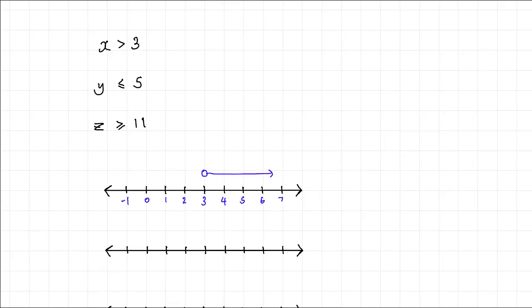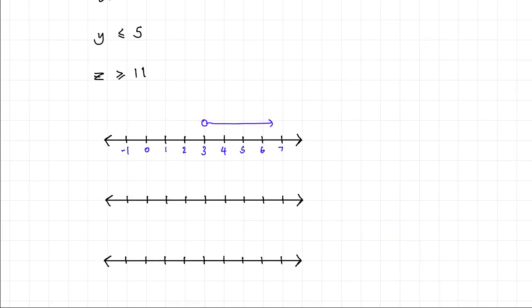Now, the next one, you'll see it's a little bit different. We have y is less than or equal to 5. Now, again, I'm going to start with this number somewhere in the middle. So I'm going to put the 5 somewhere in the middle. So let's put the 5 here. 5, and then we've got 6, 7, 8, 9. And we have 4, 3, 2, and 1 on this side.